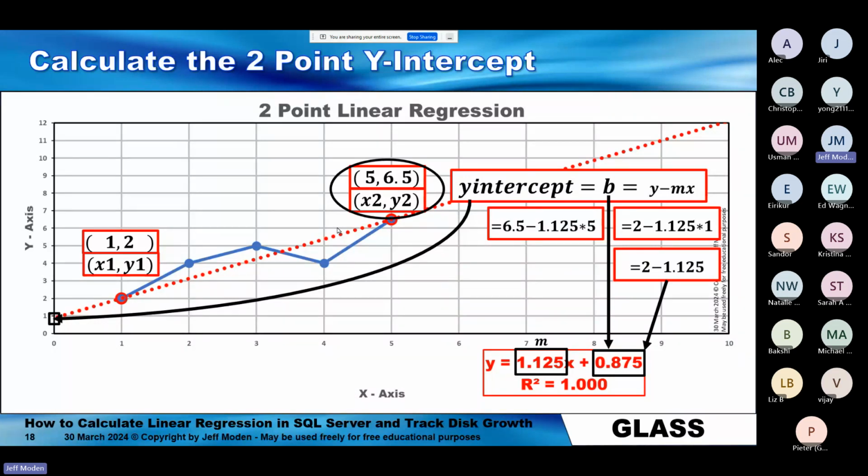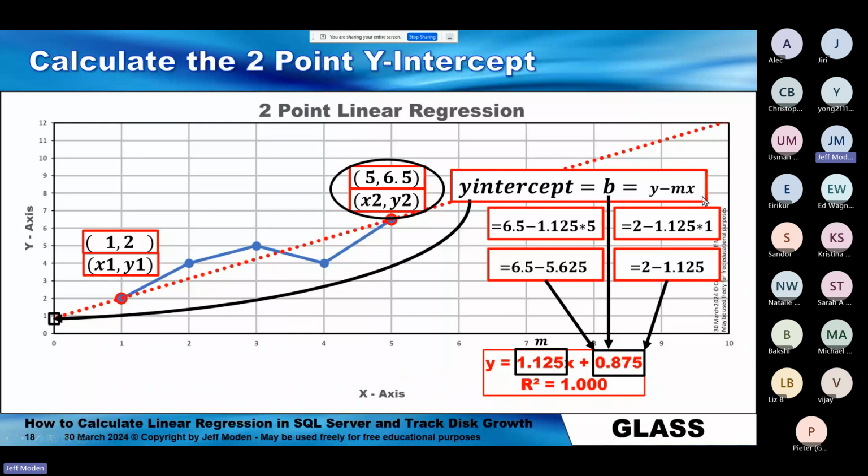Again, the slope is equal to 1.125, and the x value for that point is 5. And if we do the multiplication, we end up with 6.5 minus 5.625. And if we do that simple bit of math, that also comes out to 0.875. So again, just to reiterate, the formula for B is y minus mx.